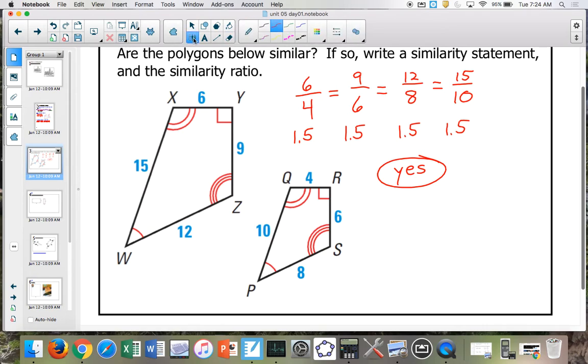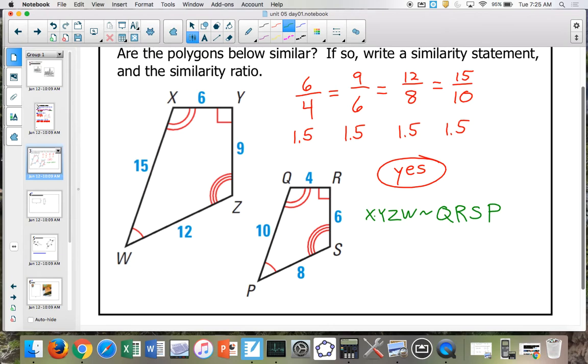So the next thing we have to do is write a similarity statement, as we did in the last example. So we'll start with the polygon on the left and choose any letter to start with. I'll start with X. And then match those up, Q, R, S, and P. So there's our similarity statement.